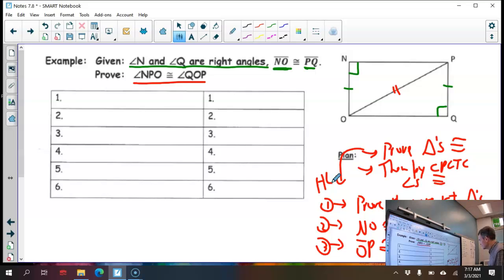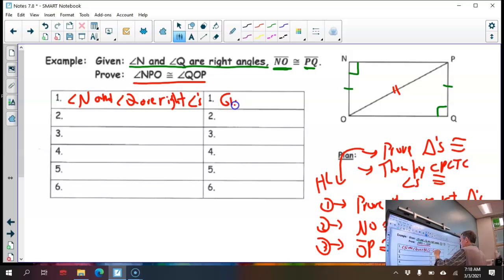Let's do it. Step 1 is going to be to prove that these are right triangles. Easy enough. First, I'm going to state the given that angle N and angle Q are right angles. And that was given. Now, to prove that something is a right triangle, you just need to prove the definition of a right triangle. I think that's in your notes, but the definition of a right triangle is a triangle that has a right angle in it. And I've now proven that. Angle N and angle Q are right angles.